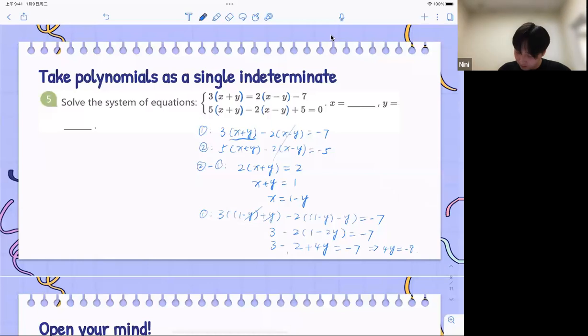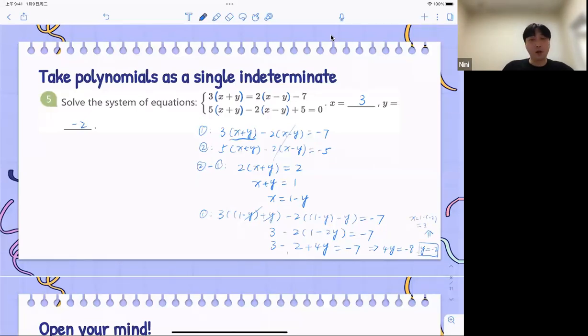So y would be equal to minus 2. Now that we got our y, we can write x is equal to 1 minus (minus 2). So that is 3. Okay, so we can write it down as this one and this one.